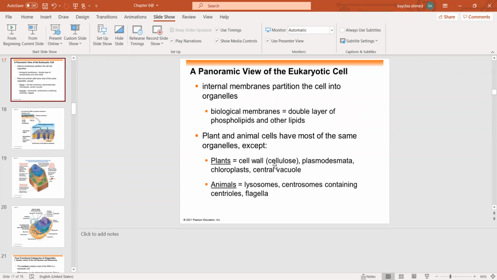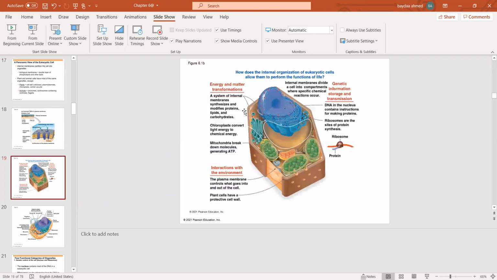So the cell wall is the outer layer that maintains the cell shape and protects cells from mechanical damage, made of cellulose, other polysaccharides, and proteins. Plant cells have a cell wall in addition to the plasma membrane.